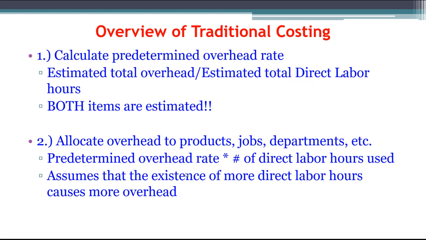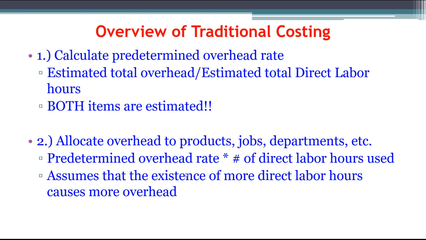So what we do in traditional costing is we calculate the predetermined overhead rate by taking the estimated total overhead divided by the estimated total direct labor hours or machine hours, whatever cost driver we're using. The point to make, though, is that both of these items are estimated, so therefore the rate is going to be an estimate and the overhead that's applied is going to be an estimate.